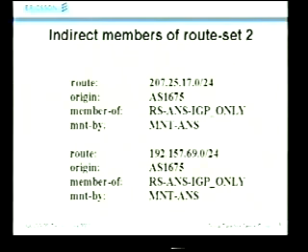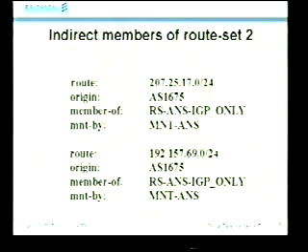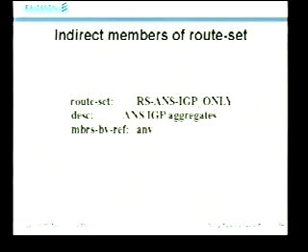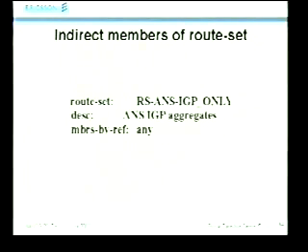Let me give an example. Here are two route objects. They describe routes. This route object is maintained by MNT-ANS. This route object is maintained by this maintainer. Okay? Therefore, these two routes, or the routes represented by these route objects, are members of this route set.